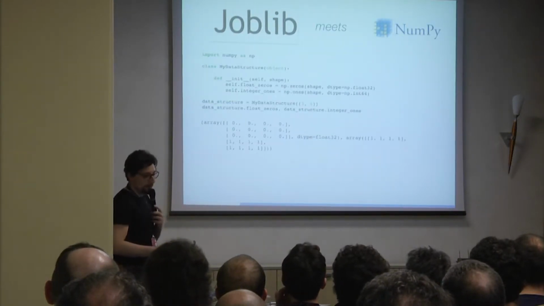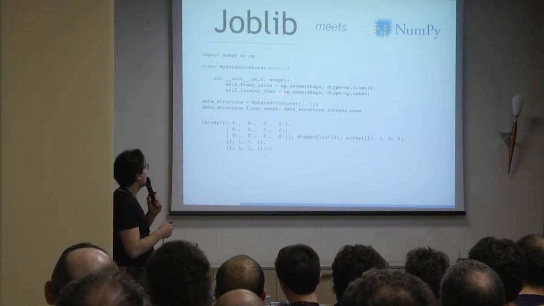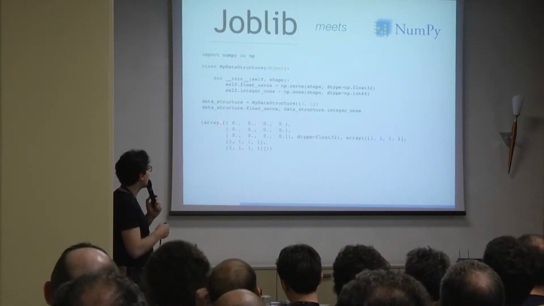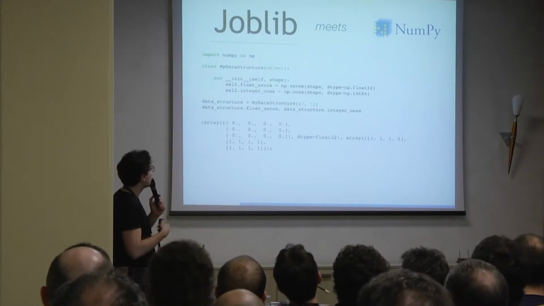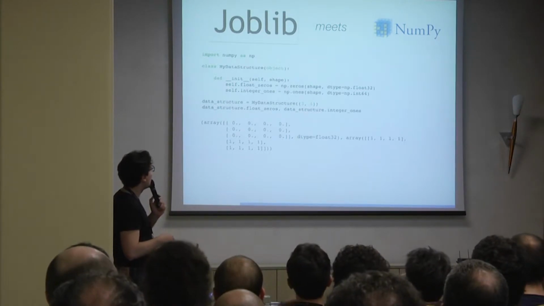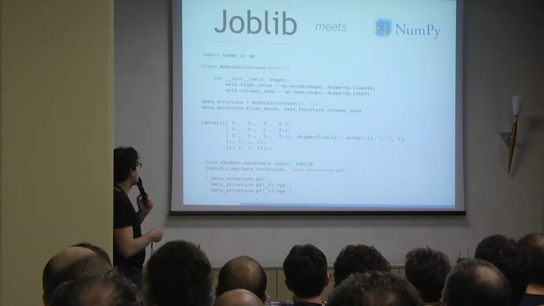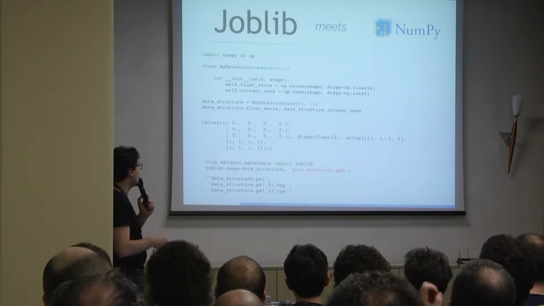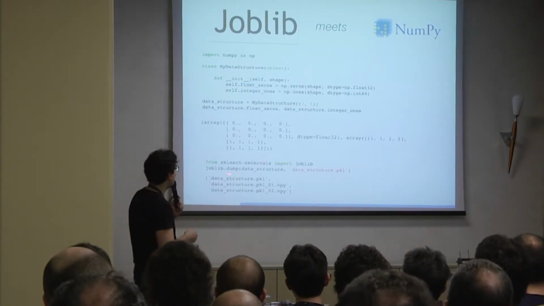As I said before, joblib has a deep integration with NumPy, and in particular, if we have this data, we may define this data structure. We want to serialize it for the process we are going to execute. For instance, we may have the dump method to dump the structure in a serialized version, and out of the box this is quite simple, with just a call to the dump method.